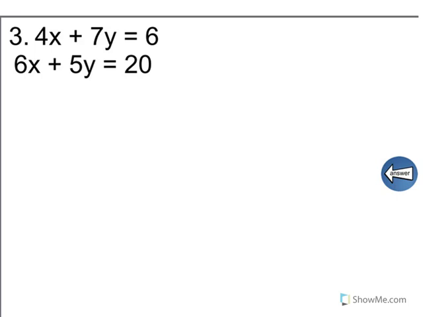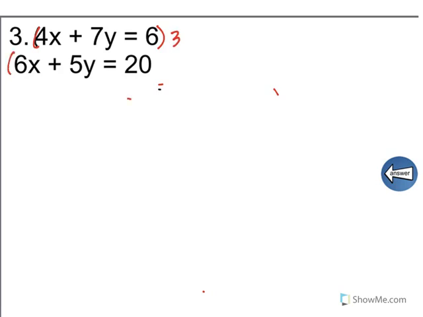In order to eliminate the x's, I'm going to need to figure out a common multiple, the least common multiple for 4 and 6. The least common multiple of 4 and 6 would be 12. And so I'm going to make sure that one of them becomes negative 12 and one of them becomes positive 12. So for the top, in order to get 12, I would have to multiply everything by 3.